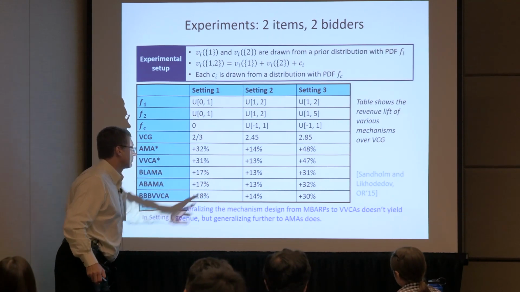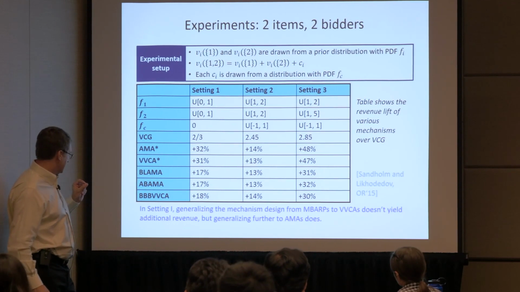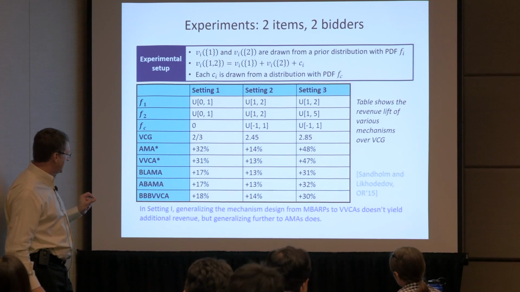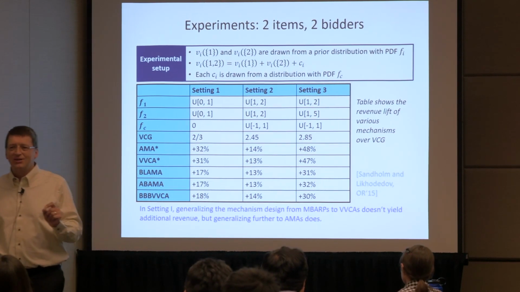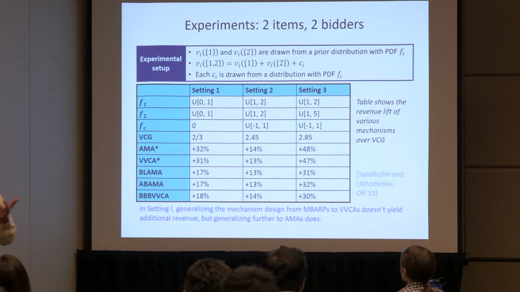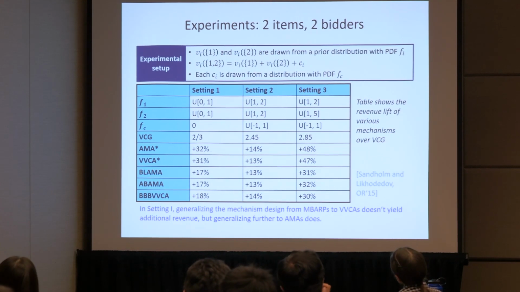Setting 1. We can actually use automated mechanism design to actually disprove conjectures in mechanism design. And the first thing that we did, this was work with Vincent Konitzer back 17 years ago.